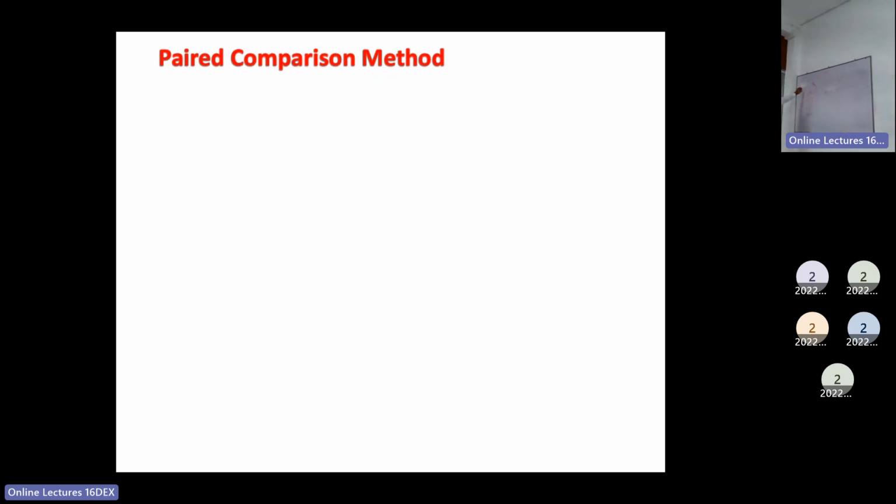Right? In our example, N means 5. N into N minus 1 means 5 into 5 minus 1, divided by 2. What is the answer? 5 minus 1, 4. 4 into 5, 20. 20 divided by 2, 10.